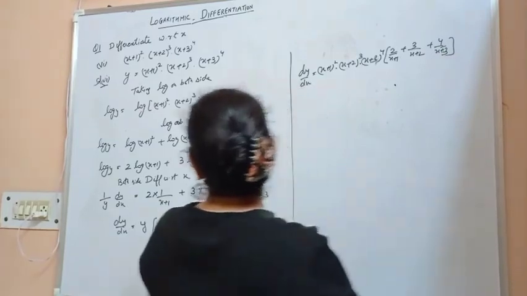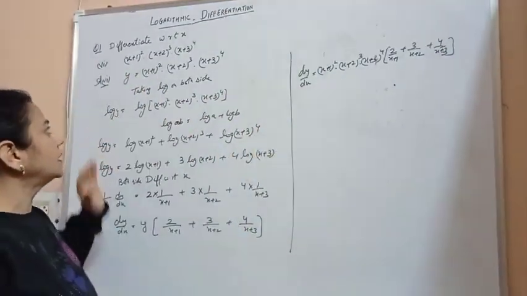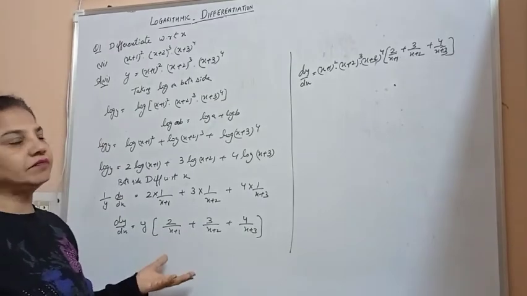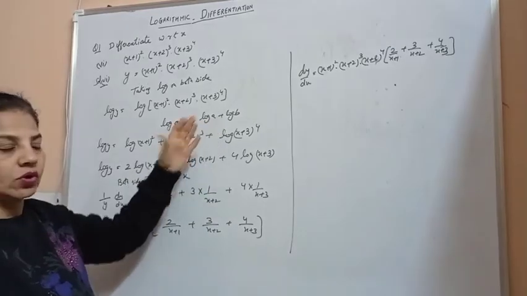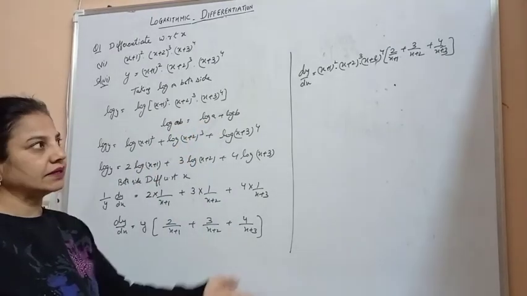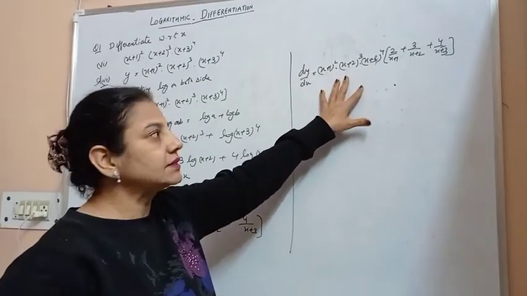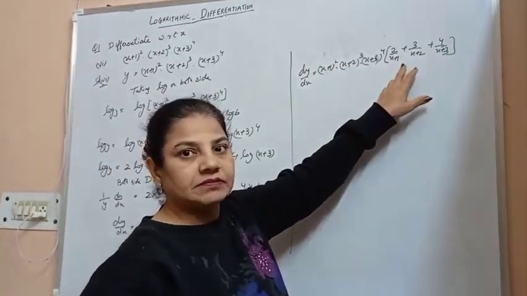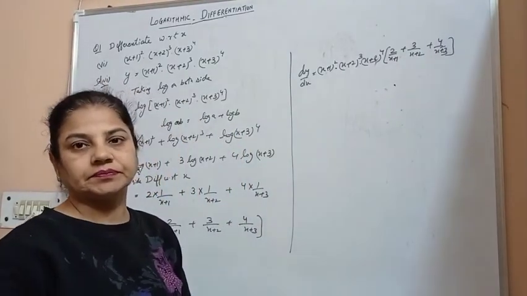So the derivative of this given function is given by this. What we have done, we just took log on both sides, and then we used the product property, log AB as log A plus log B, and then took the derivative. I just get the result as dy by dx is equal to the function as it is into the bracket 2 upon x plus 1 plus 3 upon x plus 2 plus 4 upon x plus 3.